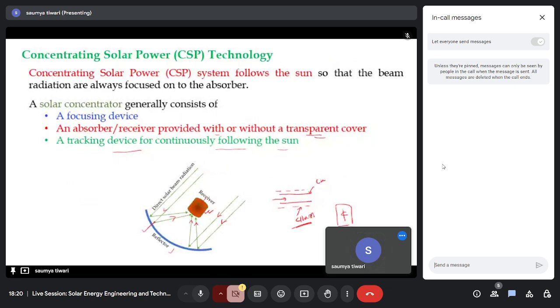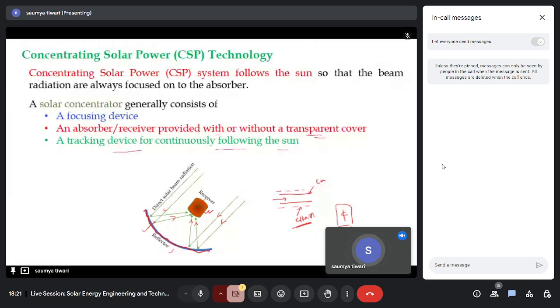Now, if we talk about the components of a concentrating solar power technology, then we have a focusing device. This focusing device could be anything. It could be a reflector, a mirror, or a lens. The basic purpose of using this focusing device is to concentrate the incoming solar radiation falling on it. Then at the receiver end, we have an absorber or receiver where our actual applications take place, so our heat absorption takes place, right?